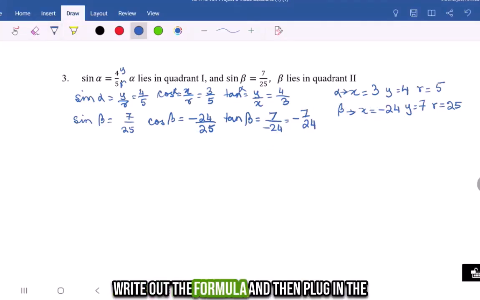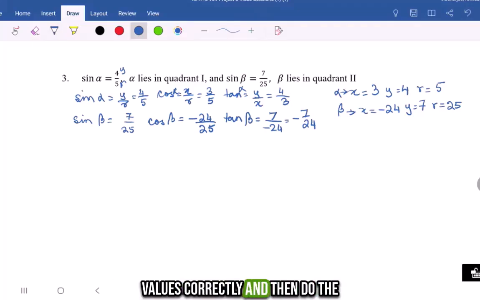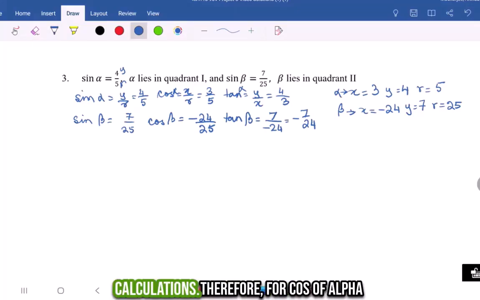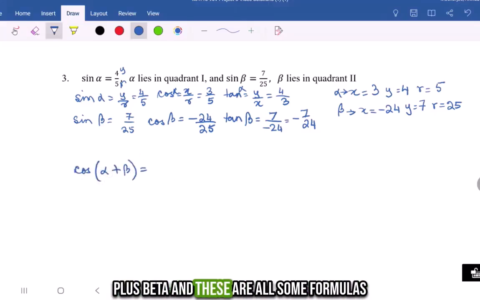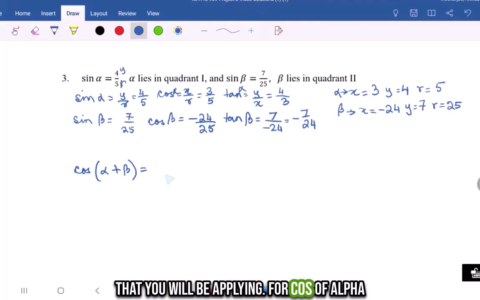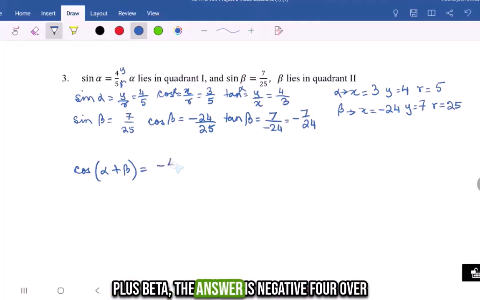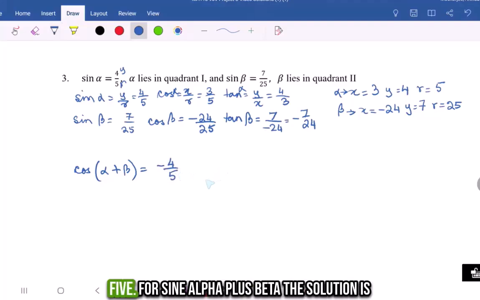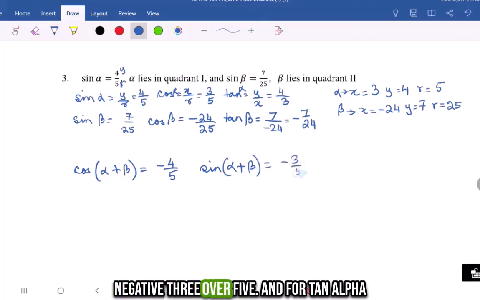Now write out the formula and then plug in the values correctly and then do the calculations. Therefore, for cos of alpha plus beta, and these are all some formulas that you will be applying, the answer is negative 4 over 5. For sine alpha plus beta, the solution is negative 3 over 5.